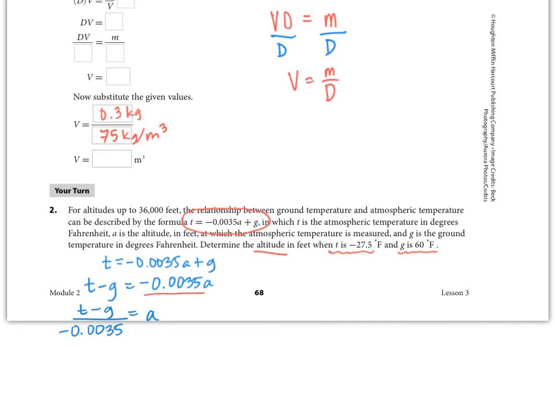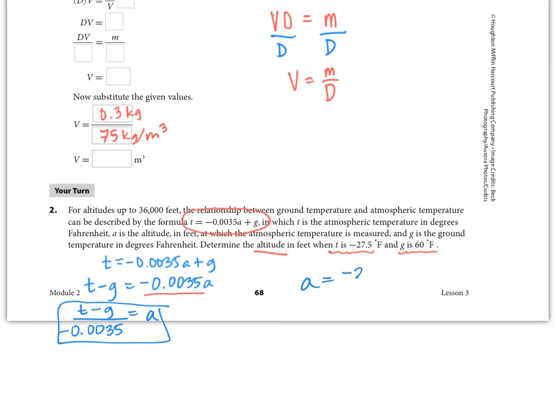So then when I take this, let's box it, take a look at my arrow, I got T is equal to negative 27.5. So negative 27.5 goes into here. G is 60, so 60 is going to go in here. And that's going to be my solution once I work that all out.